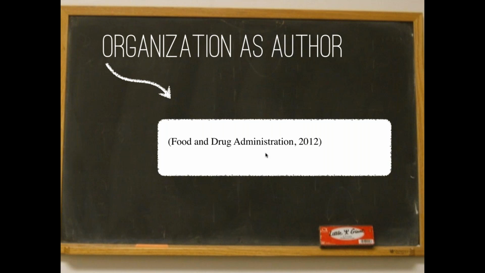So you would use the organization or the name of the company instead of an author's name. Now, again, if you've done this, the Food and Drug Administration or AT&T or Verizon or whatever would be in the author's position on your reference list. Because again, you want your in-text citations to lead to your reference list.